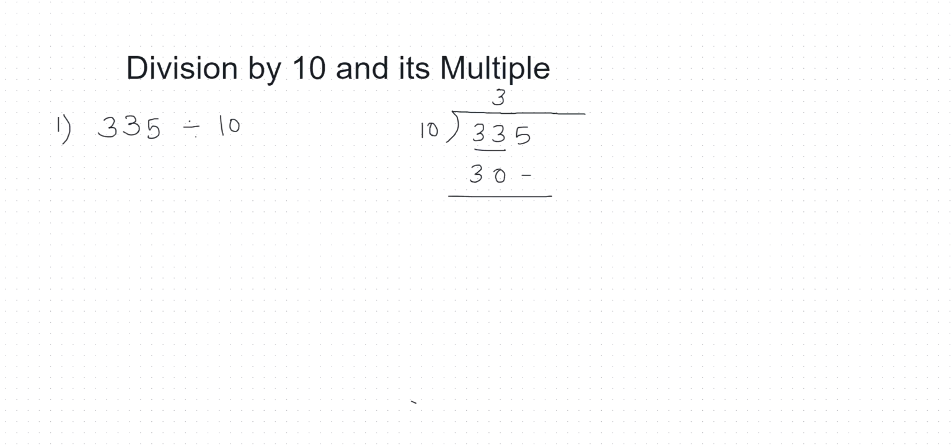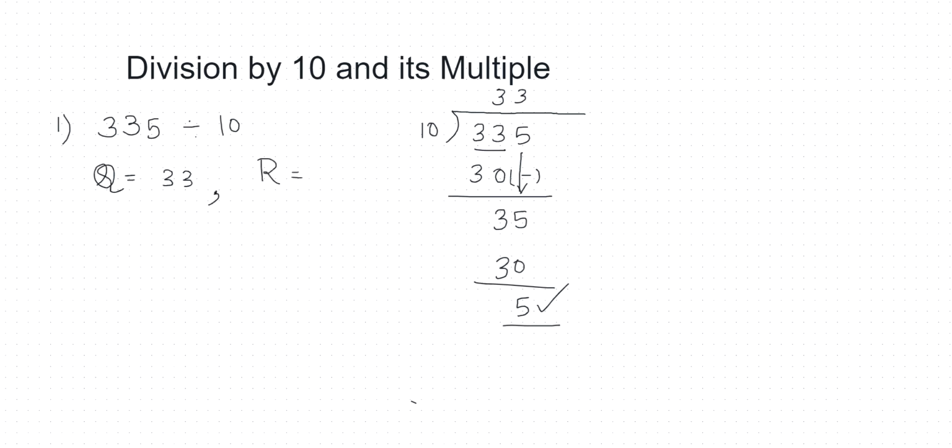Subtract that, you get a remainder of 3 and bring down this 5. Now again, 10 threes are 30. You get a remainder of 5 here. So the quotient is 33 and the remainder is 5.